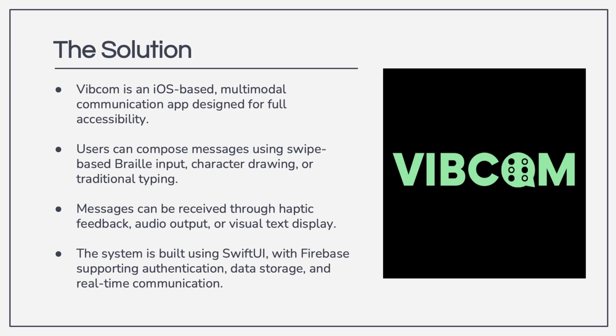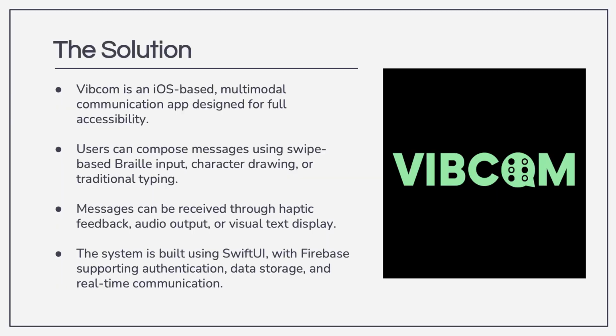VibeCom is a multimodal iOS application that is designed with accessibility at its core. It allows users to send and receive messages from their friends, and to send messages, there are 3 main modes. There is a gesture-based Braille input, where a user would swipe right or left, right being a raised dot or left being a flat dot, to construct a Braille cell a dot at a time and send that to their companion.